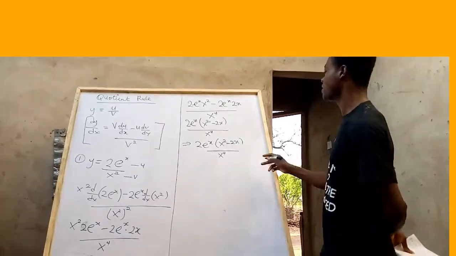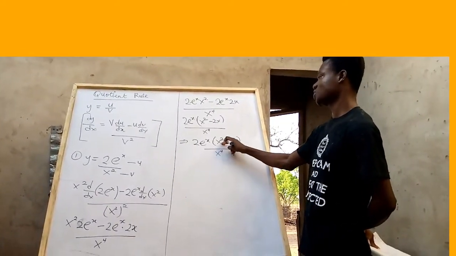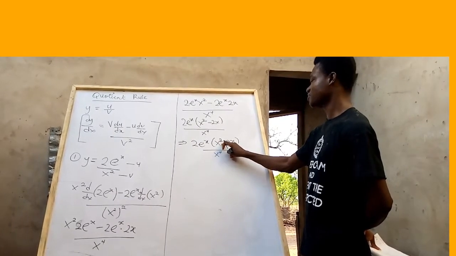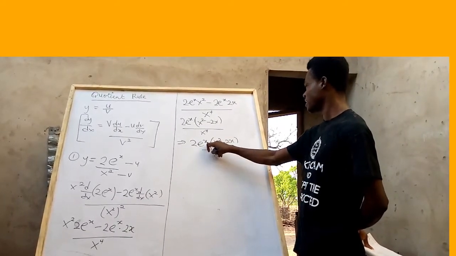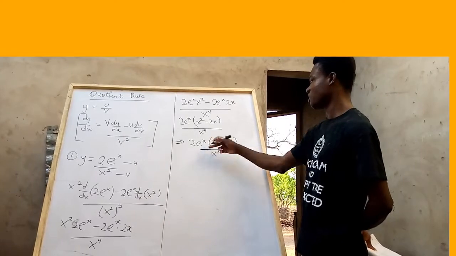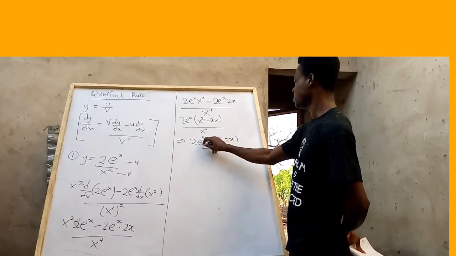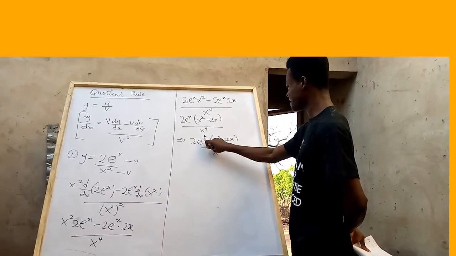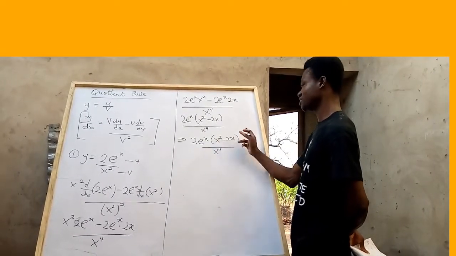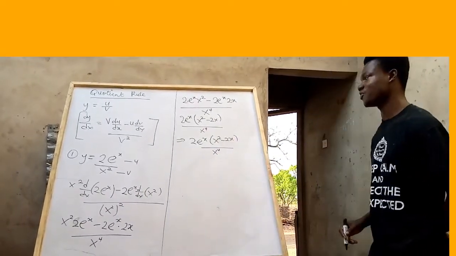If someone factorizes x out, it's not wrong. You can factorize x out and cancel, so you get 2e raised to power x multiplied by (x minus 2) all over x to the power 3.